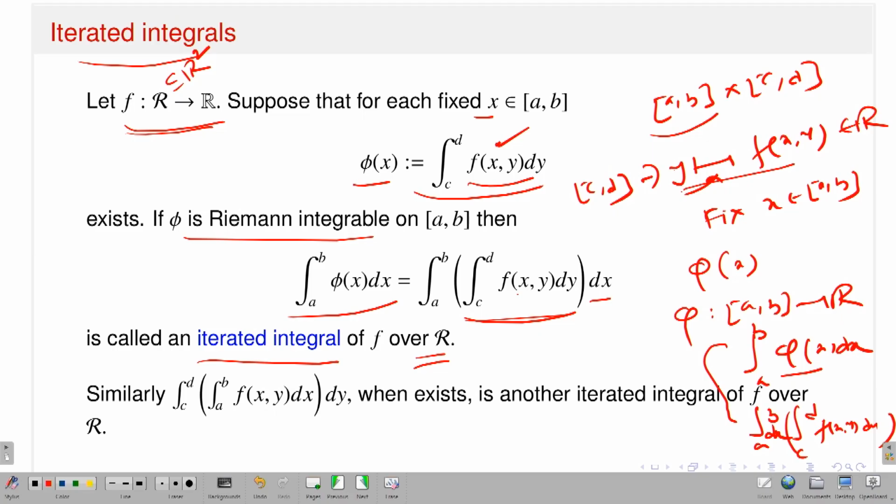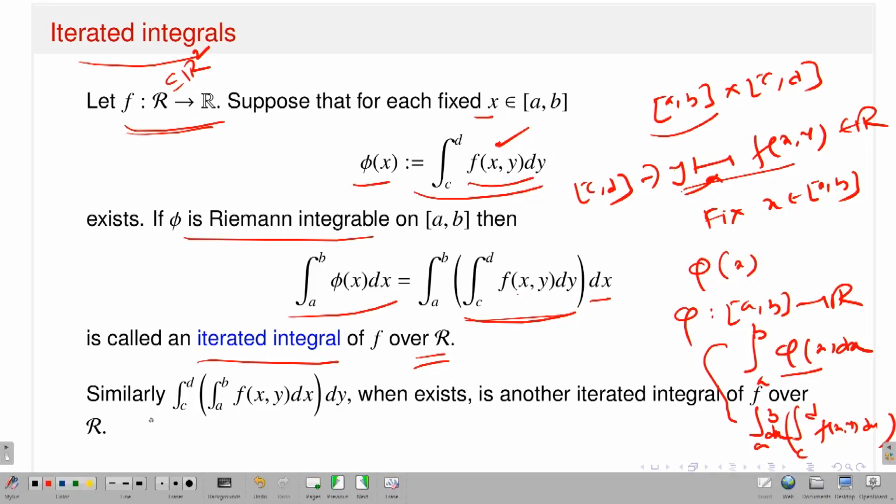Now you may ask the same question: instead of fixing x, if I first fix y and then define a function psi(y), and if I assume that psi is integrable, then I will have another way. Yes, the answer is correct. So similarly, here y is fixed.